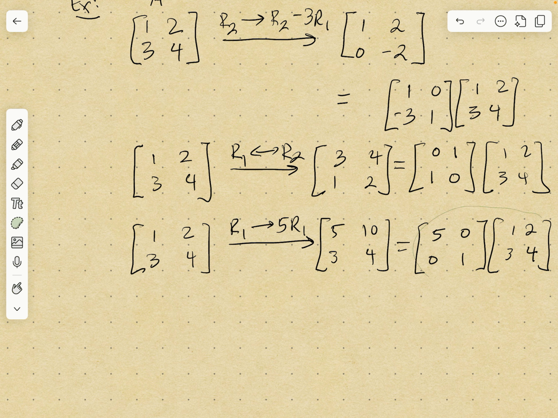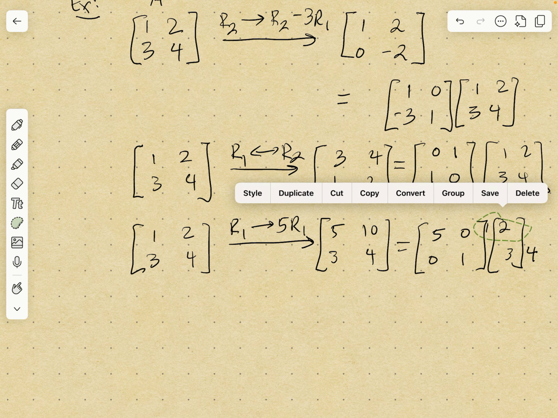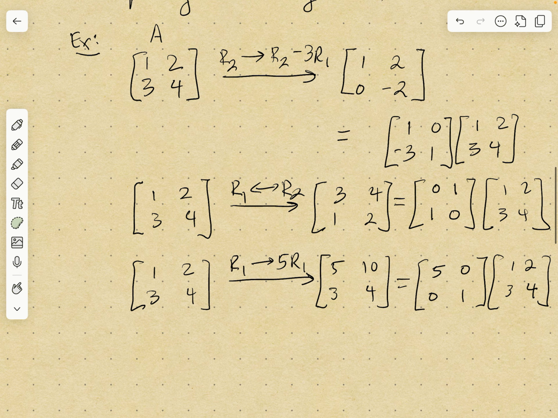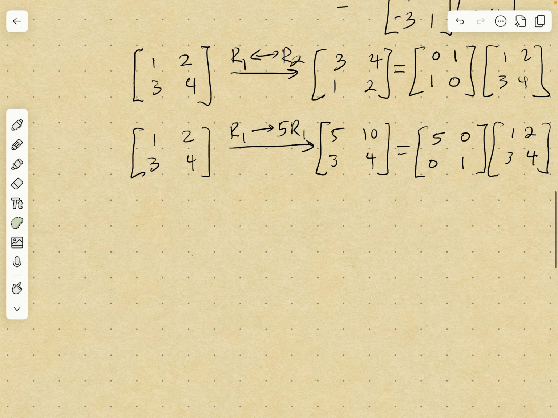So for instance, if I take this matrix A and multiply it by that matrix, the first row of the product is going to be 5 times the first row plus 0 times the second row. And that explains why you get 5 times the first row, 5, 10. That's not something that I'm going to emphasize very much though. Okay.